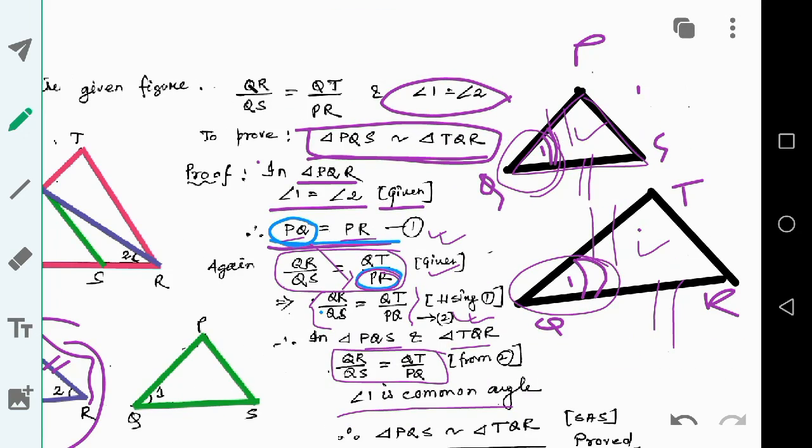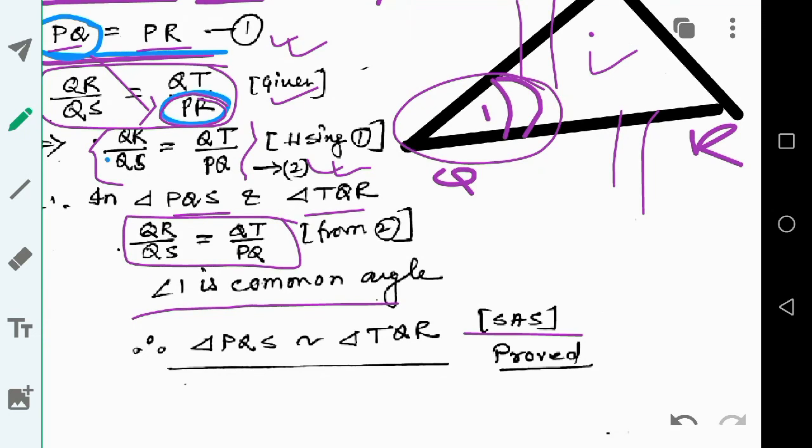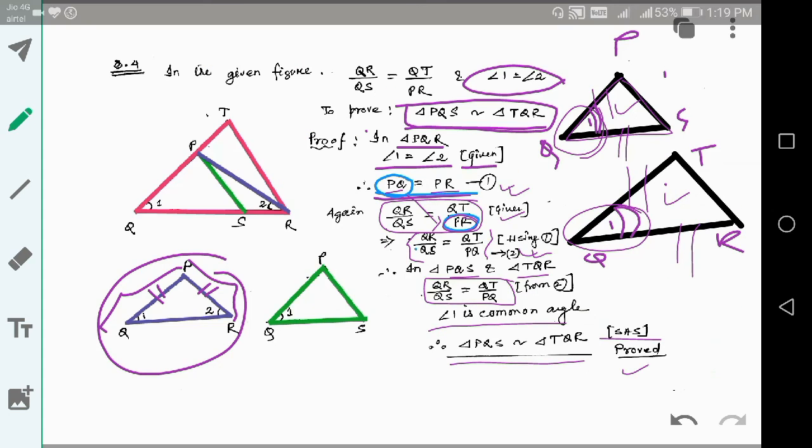That's why according to side angle side, these two triangles are similar. That's how we can prove this. Hope you have understood. Let me clean this page so that you can note it.